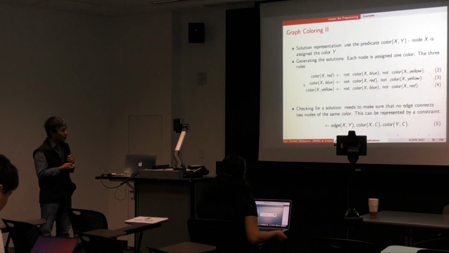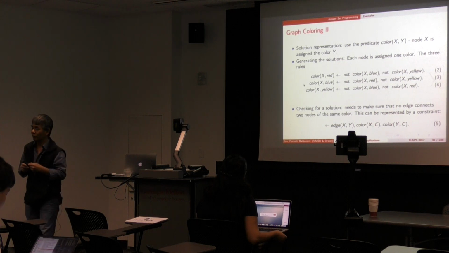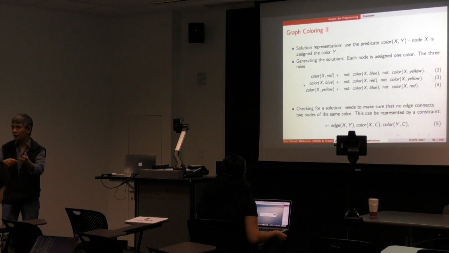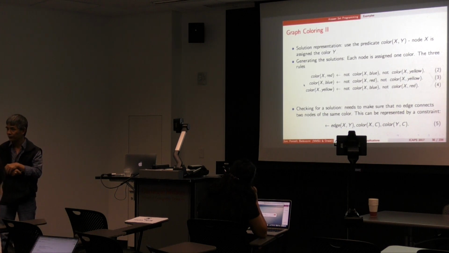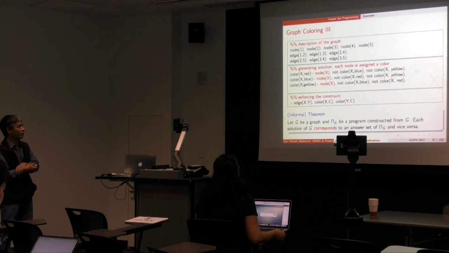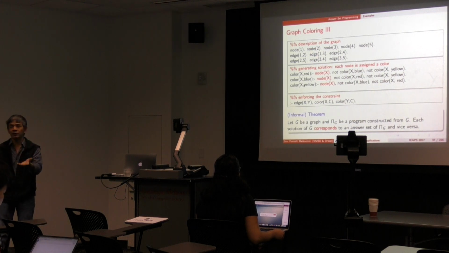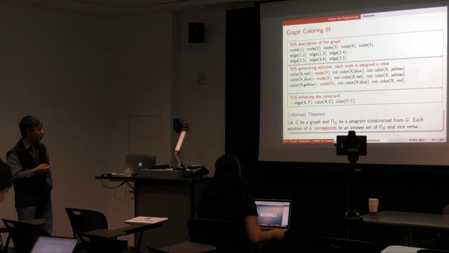If I have an edge between x and y, the color of x and the color of y have to be different. The way we write it is that if they are the same, then that is a constraint, so this is not acceptable. In order to run this with an answer set solver, variables need to be quantified, so we need to add the node x here to make sure the variable is instantiated.